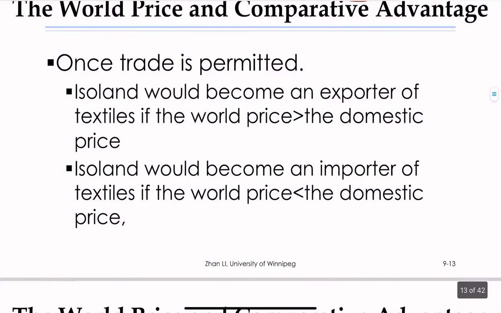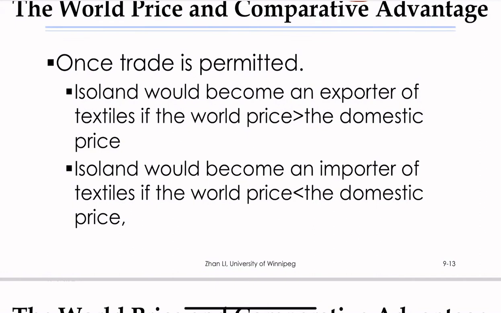Now, think about this. If the domestic price of Iceland on textiles is smaller compared with the world price, what would you expect? You will actually expect that Iceland will become an exporter, right?